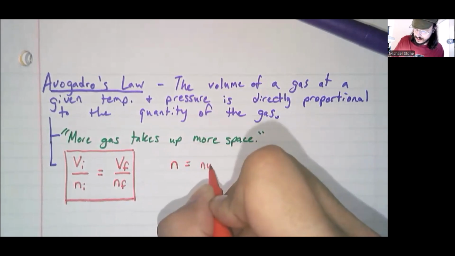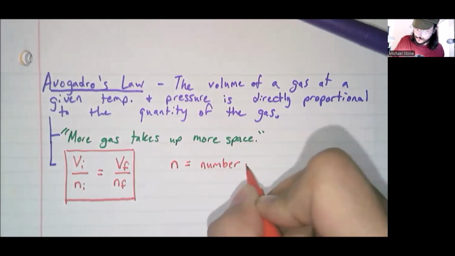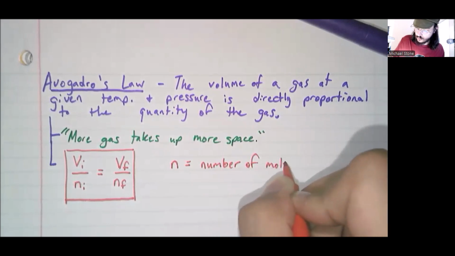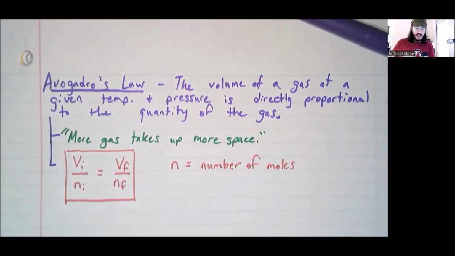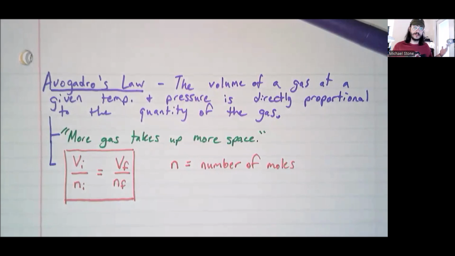n is the number of moles. Moles are a unit for describing amounts of stuff that is independent from how much space it takes up, or how much weight it has, or how much mass it has. The goof of what's heavier, a kilogram of steel or a kilogram of feathers?